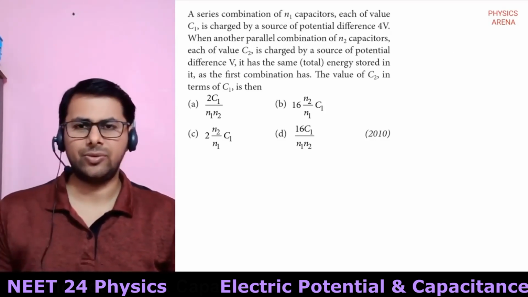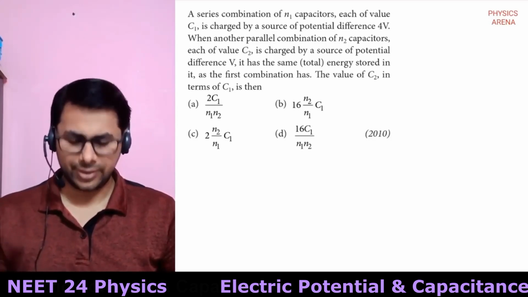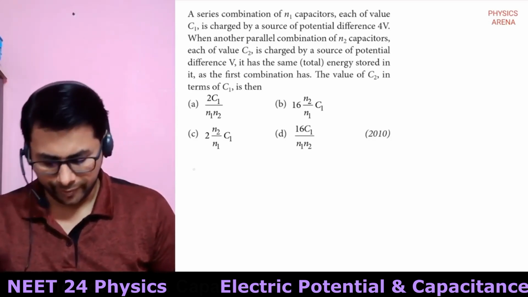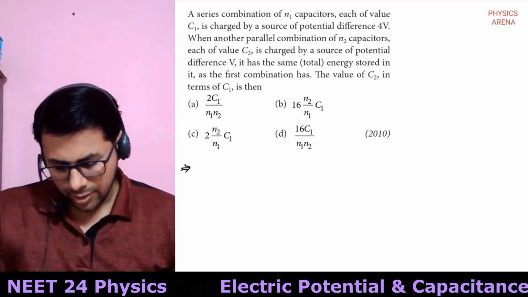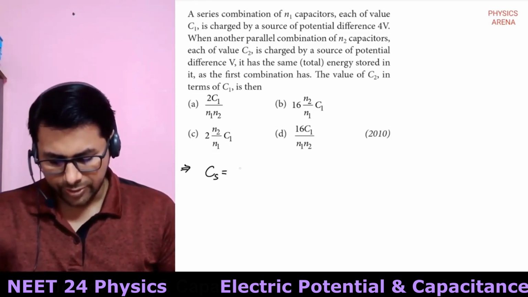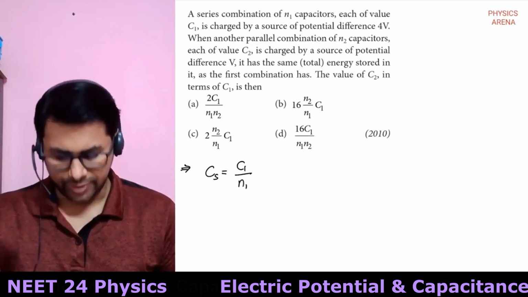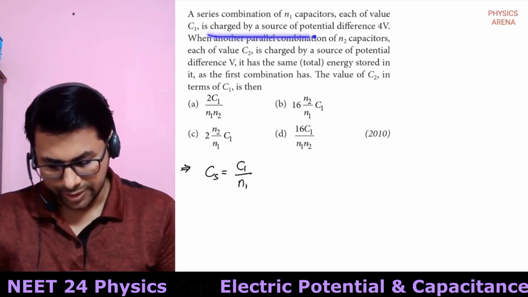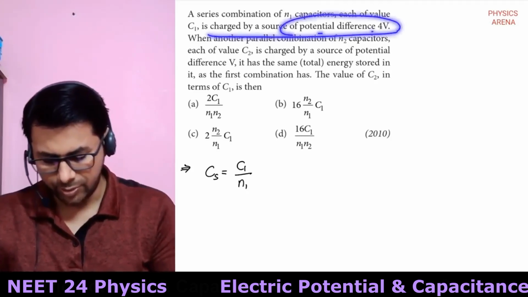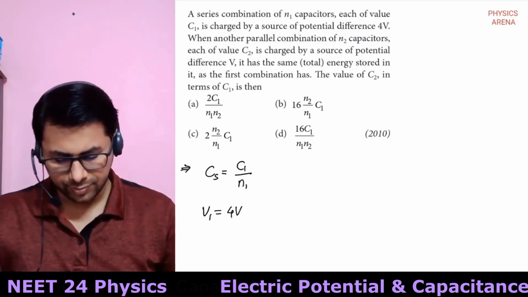And for series, it will be what? C upon N. For series, it will be C upon N. So series combination of N1 capacitors, CS is equal to C1 divided by N1. It's charged by potential difference of 4V, so V1 is equal to 4V.